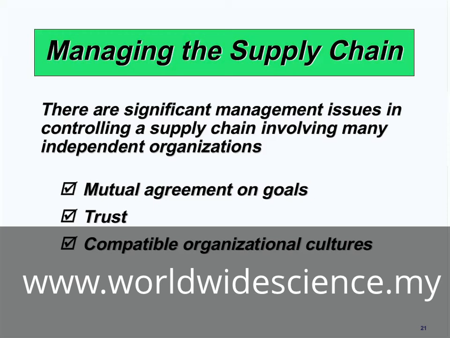So the mutual agreement on goals, the trust, the compatible organizational cultures can be different, and issues or problems may happen in the supply chain and should be considered. Mutual agreement on goals, trust, and compatible organizational cultures should be matched together.